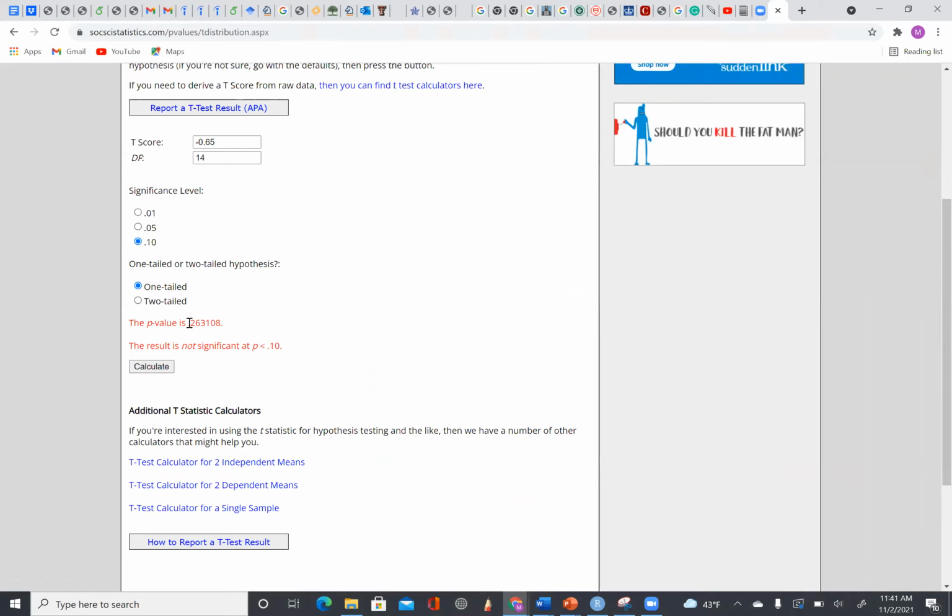This is the exact p-value. So if you want the exact p-value, you can use this calculator or you can use the complete t-table, not the partial one.